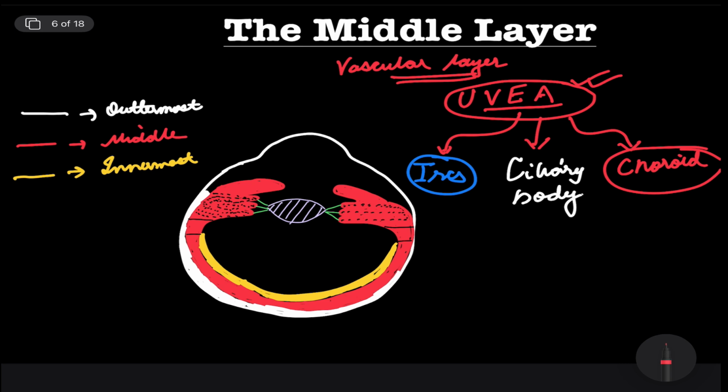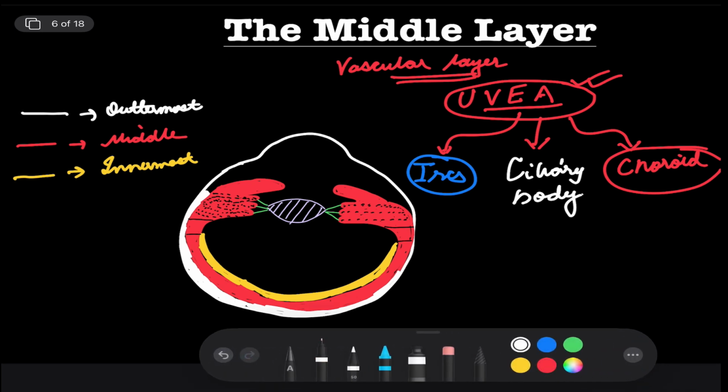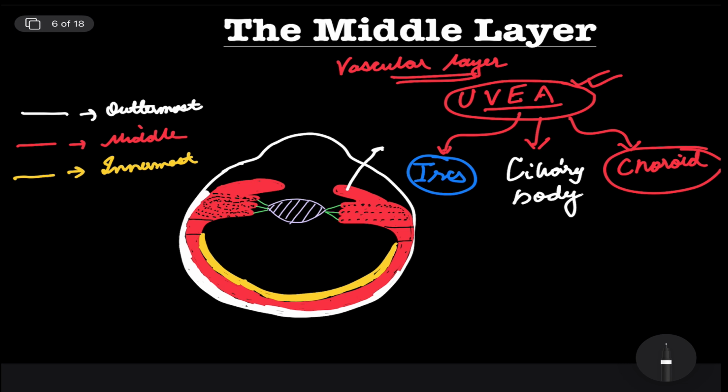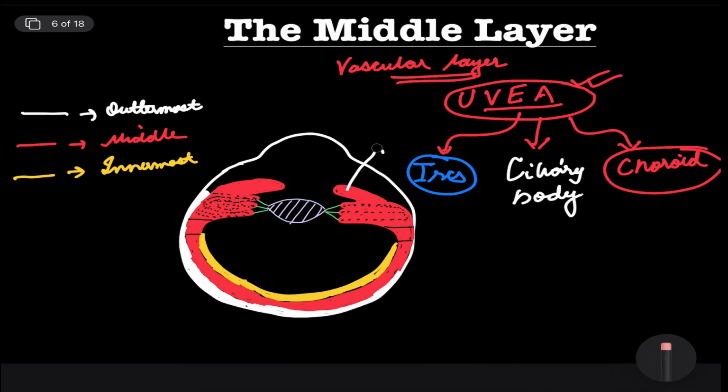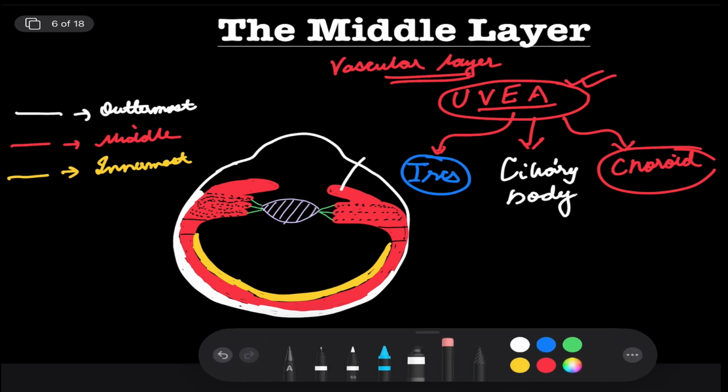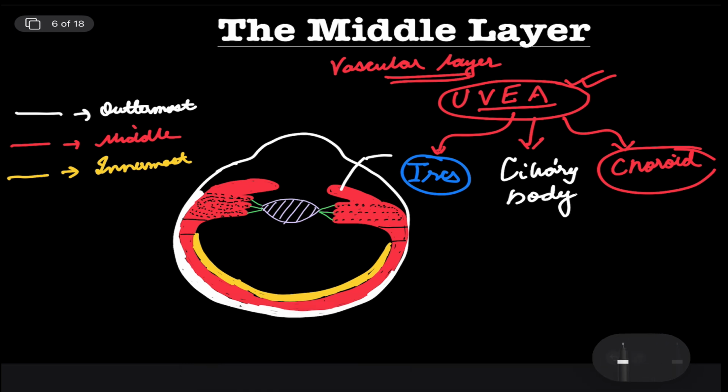So if you can see, this over here is the iris. Since we already have iris written over here, let me just do this. So this, and over here this as well.